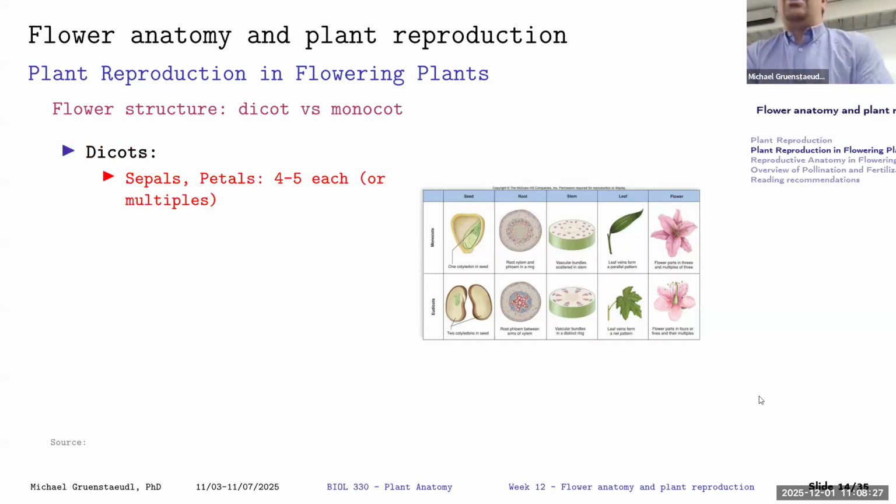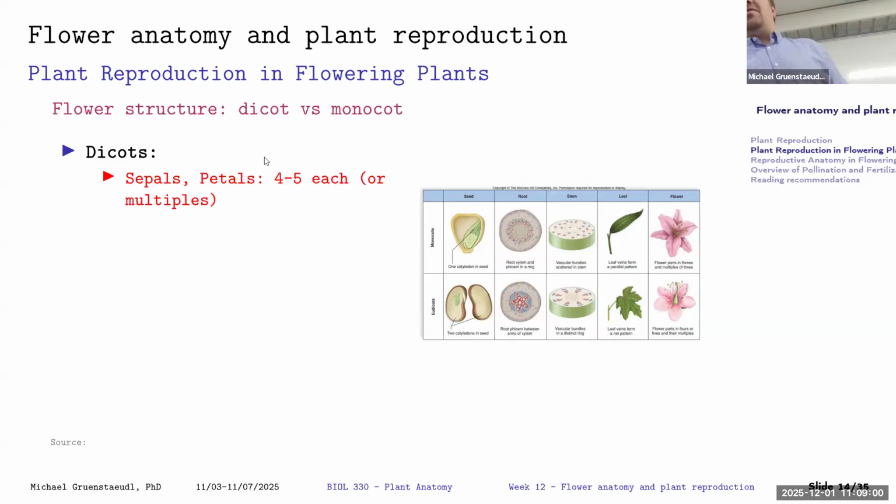Both are flowering plants and both produce flowers, but dicots typically have a number of sepals and petals that is not, let me repeat, not a multiple of 3. Instead, they have 2 or 4 or 5 petals and sepals respectively. Typically, the number of sepals and the number of petals is identical. It doesn't always have to be the case, but it oftentimes is.